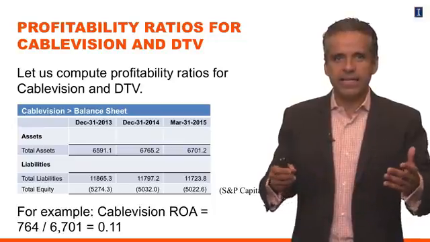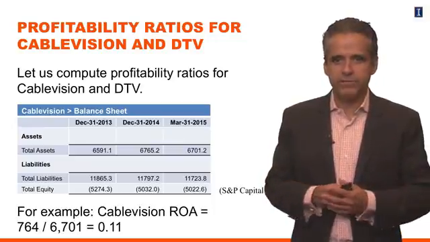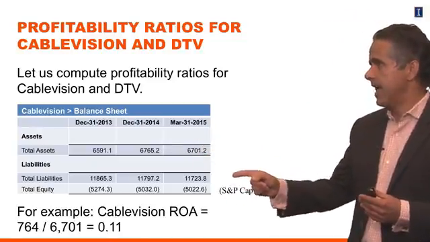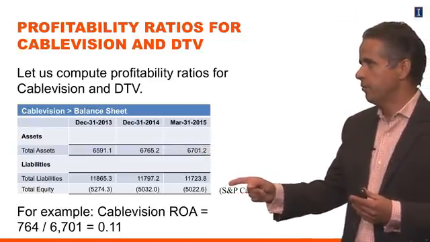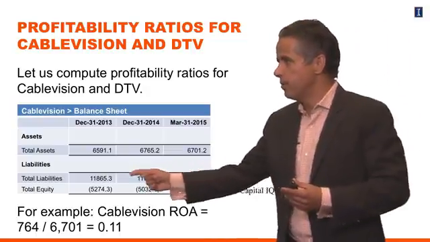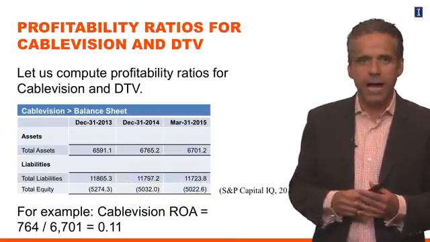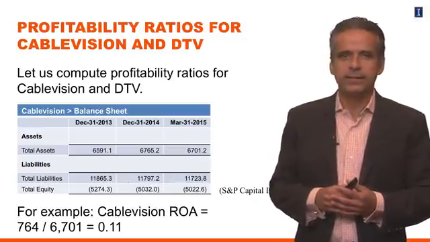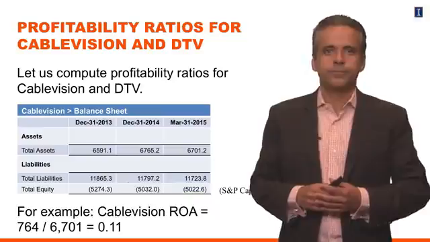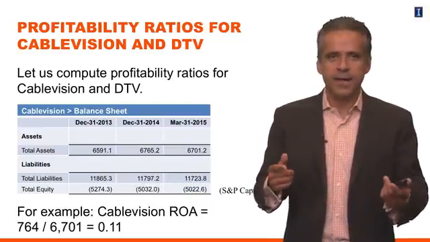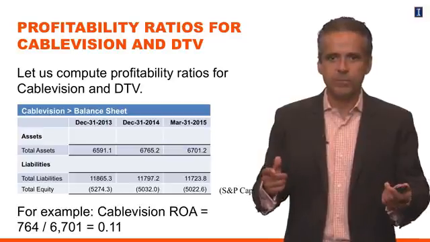Let us now give some examples for Cablevision and DirecTV. Here I have a simplified snapshot of the Cablevision balance sheet for you again. You can see the value of assets. We already computed OPAT, which is down there. OPAT for Cablevision is $764 million. So what you need to do is divide OPAT by the total value of assets if you want to compute ROA.